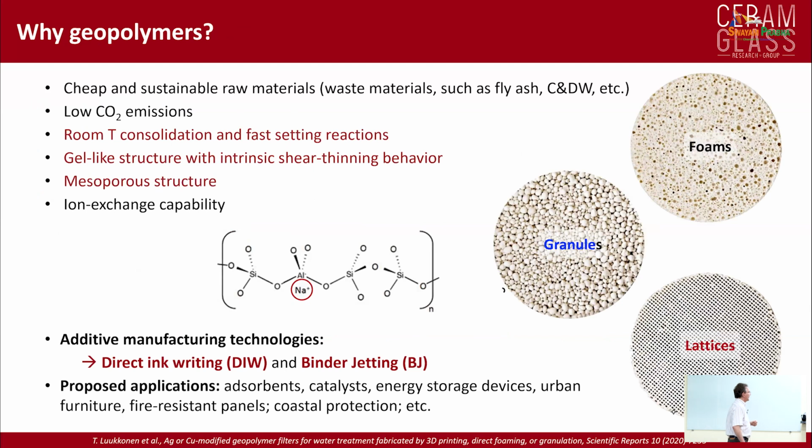So we're interested in manufacturing porous geopolymers, and the reasons are listed here. They come from cheap and sustainable raw materials. They consolidate at room temperature with fast setting reactions. You have a gel structure, and at the beginning of the forming of the network, you have a reversible gel.